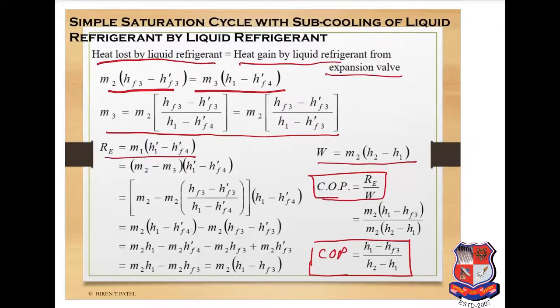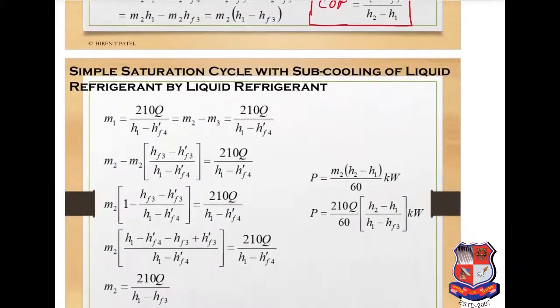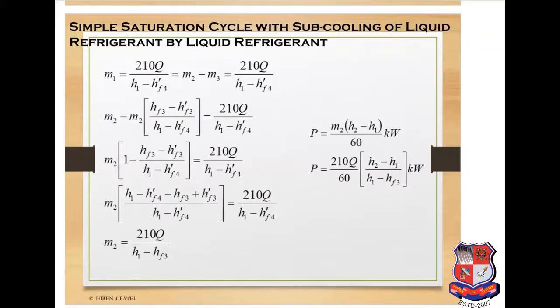If Q tons of refrigeration is the load on the evaporator, then the mass of refrigerant, that is M1, required to be circulated through the evaporator is given by this equation of M1.